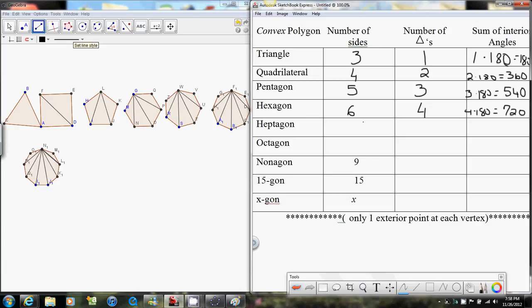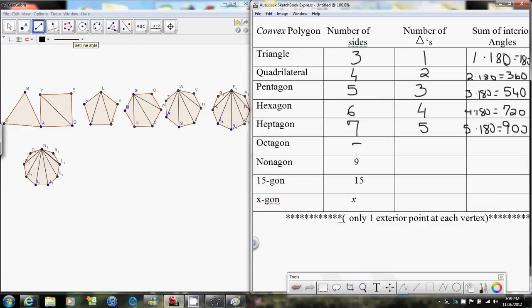Okay, then we repeat the process for the heptagon. The heptagon has 7 sides, and we're able to create 1, 2, 3, 4, 5 triangles. So the sum of the interior angles would be 5 times 180, and 5 times 180 is 900.